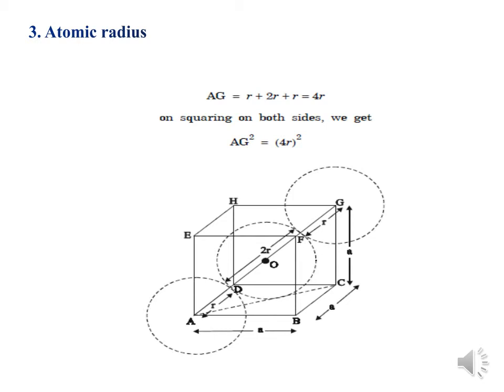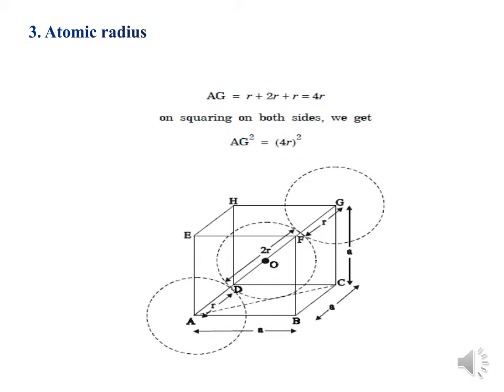Consider the atoms A, G and the center of the unit cell O. The corner atoms A and G are nearest neighboring atoms to the body center atom O. The atoms are joined in a straight line along the body diagonal AG of the cube.